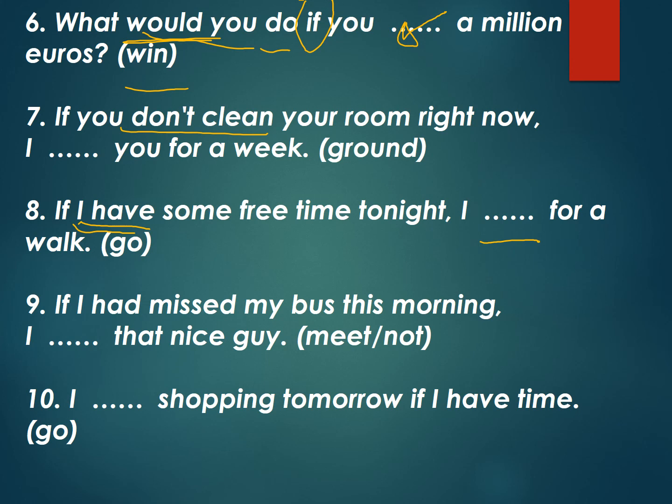Number 9. If I had missed, yes. If I had missed, this is if past perfect. Of course, it's the last time. Third conditional. If past perfect, then here we should have would plus have plus past participle. Okay, but here the verb is negated with not. So it becomes would not have plus past participle.